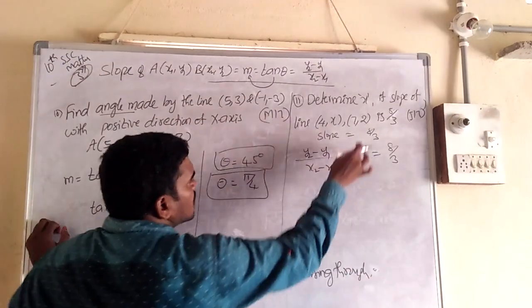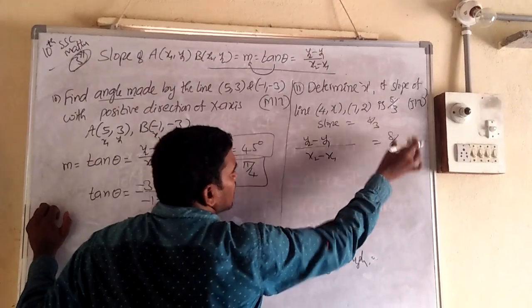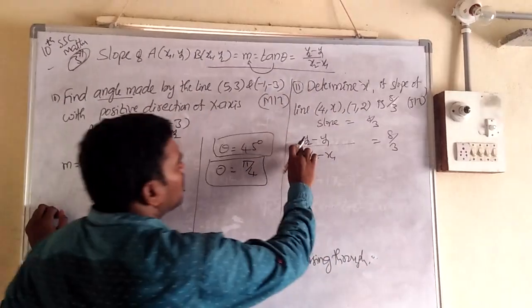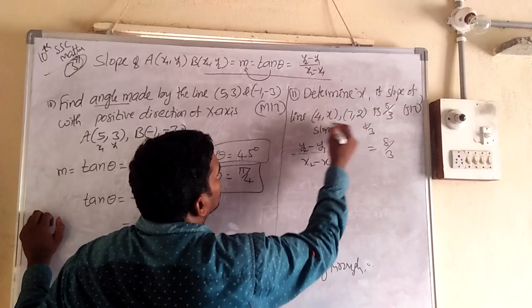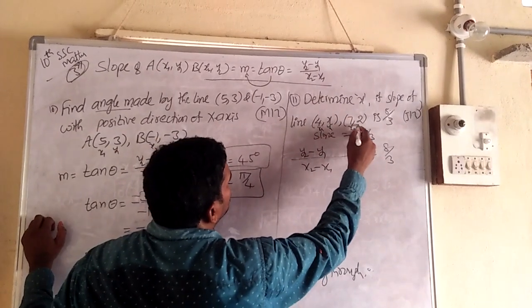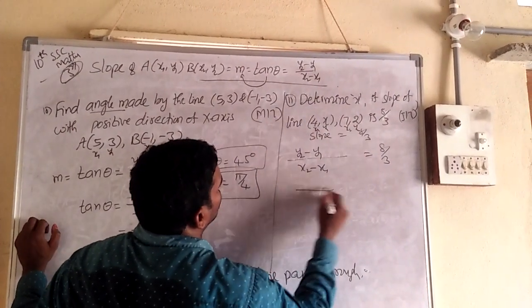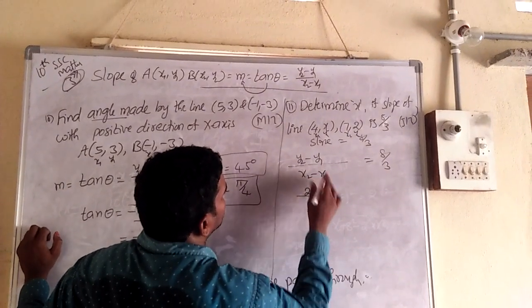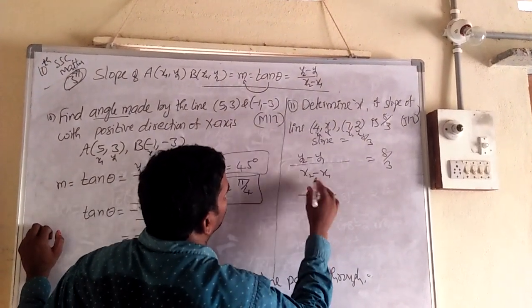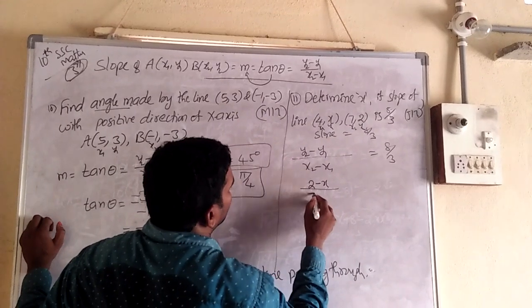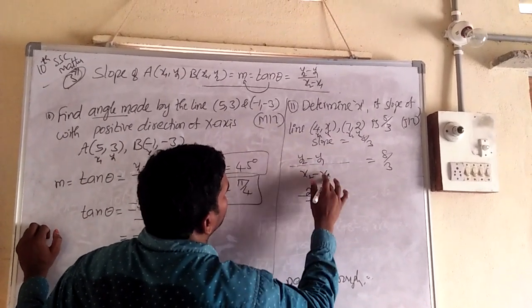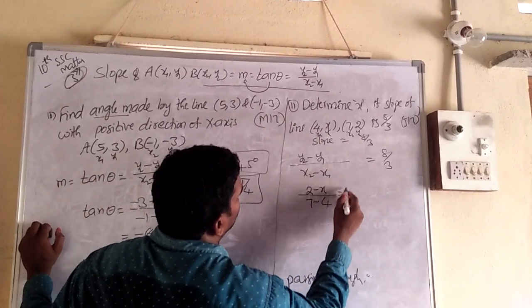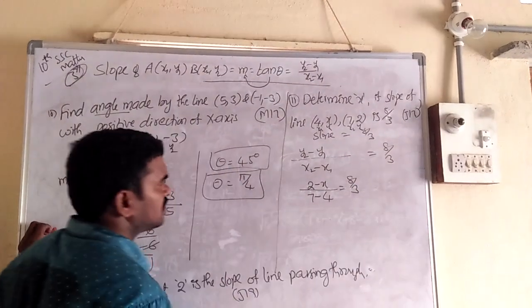This is x1 y1, this is x2 y2. Y2 means 2, next minus y1 means x, by x2 means 7, next minus x1 means 4, is equal to 8 by 3.